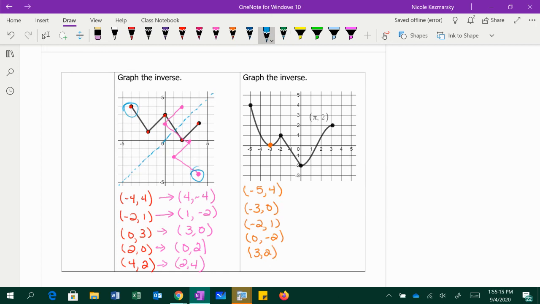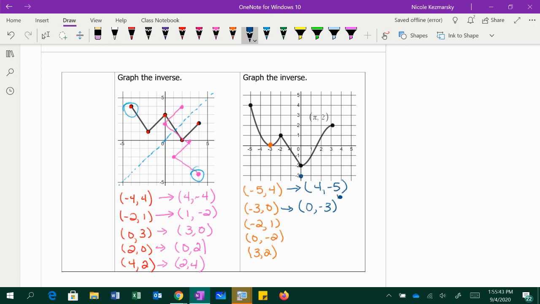So then I'm going to go ahead and I'm going to map each of these points. So 4, comma -5. So I'll go over 4. I'll go down 5. Whoops, I didn't leave myself enough room. I'll put it right there. Then -3, 0 becomes 0, -3. So there's 0, -3. And that's where the squiggle is.